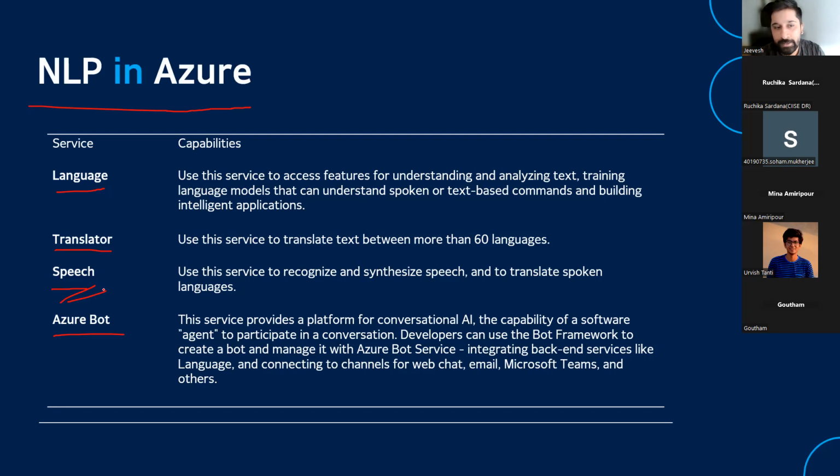AWS calls it Polly. In Azure, it's called the speech service. Text to speech sounds very natural. You can have pauses, high pitch, low pitch, you can set the speed, you can choose one of the speakers, and one of the accents that you want. So it is not a robotic voice.